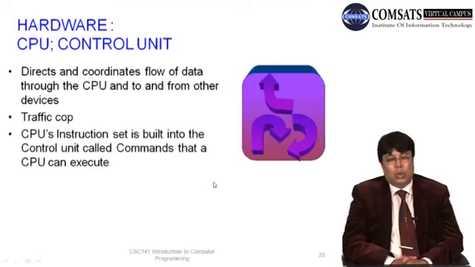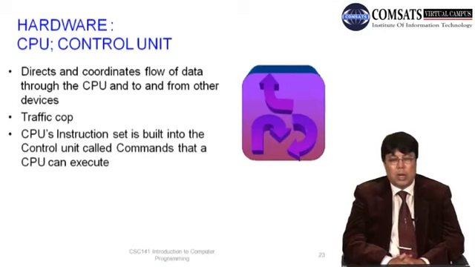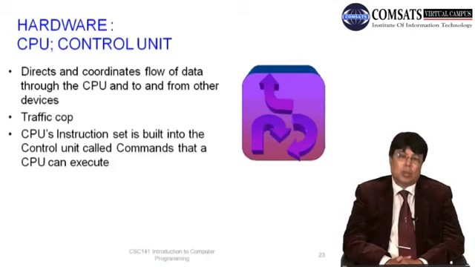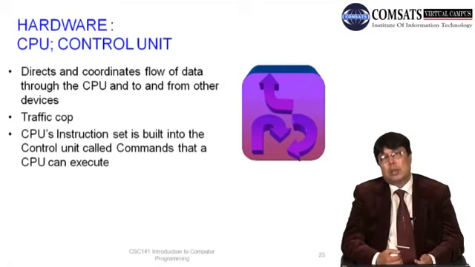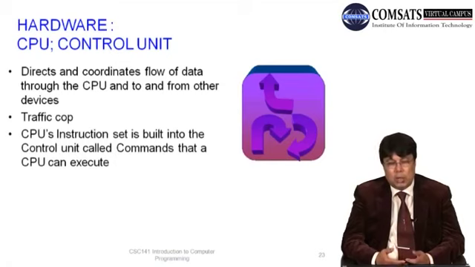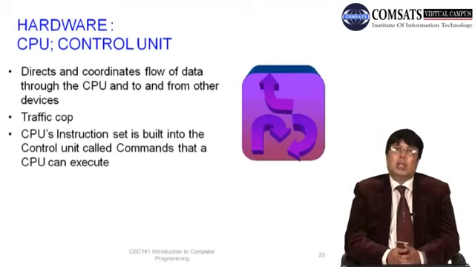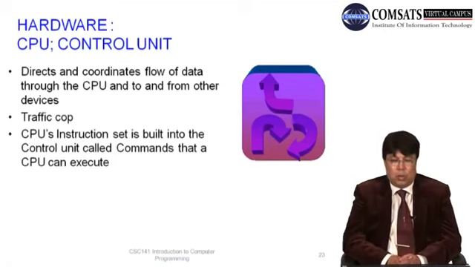What is a control unit? The component of the CPU called the control unit directs and coordinates the flow of data through the CPU and from the CPU. So the data flowing out of the central processing unit and going into it is controlled by the control unit.